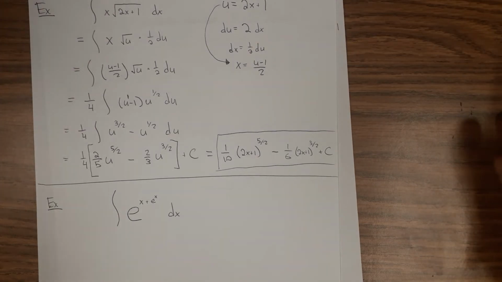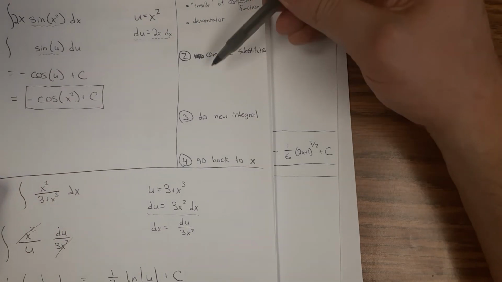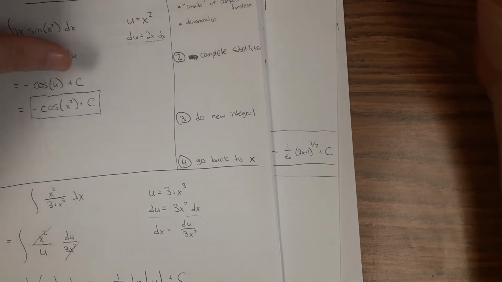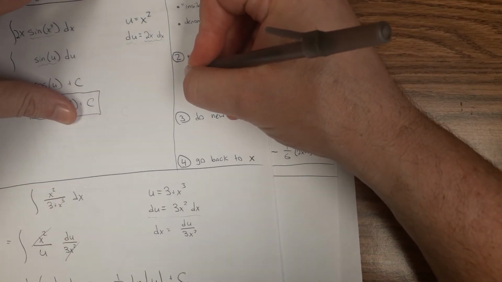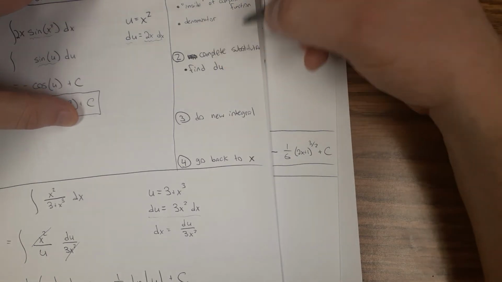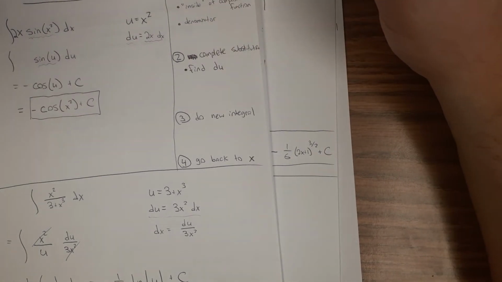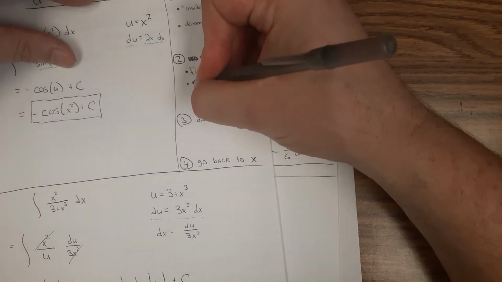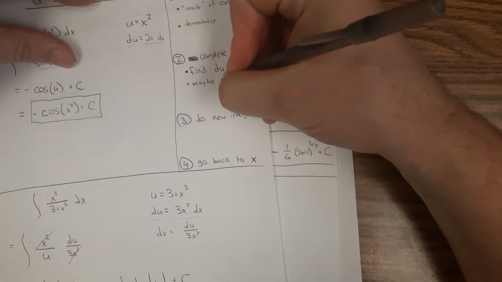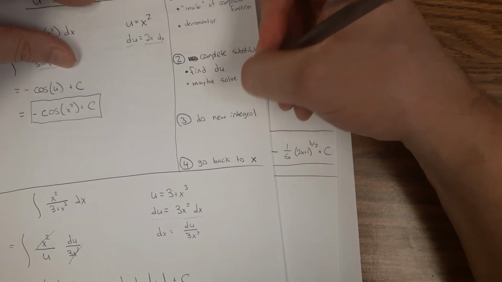Right, let me just, I left a little bit of space underneath step 2 to talk about it. When you're completing the substitution, of course, the first thing we always do is we find du, and maybe we solve for dx.